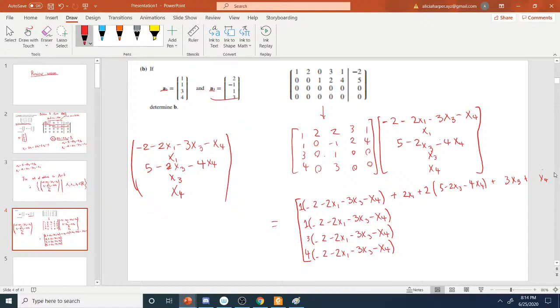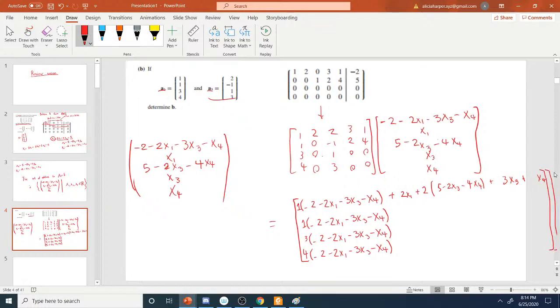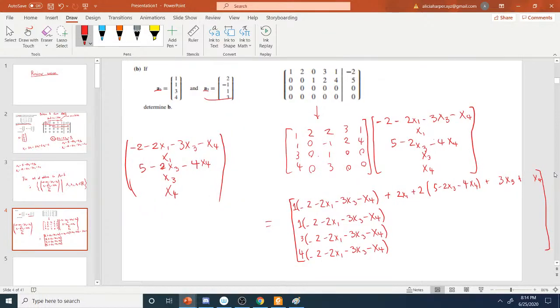So now let's continue on. Here we'll have minus times this thing. So put that down here. And then plus 2x3. And then plus 4x4.